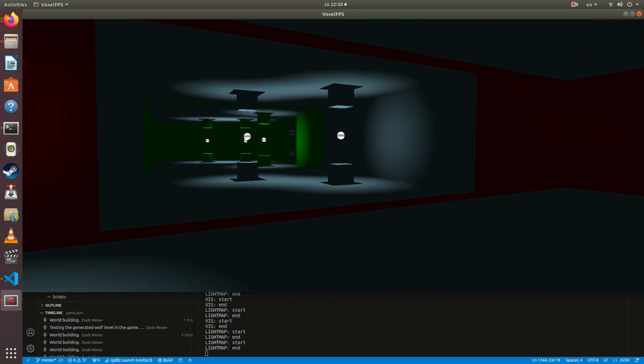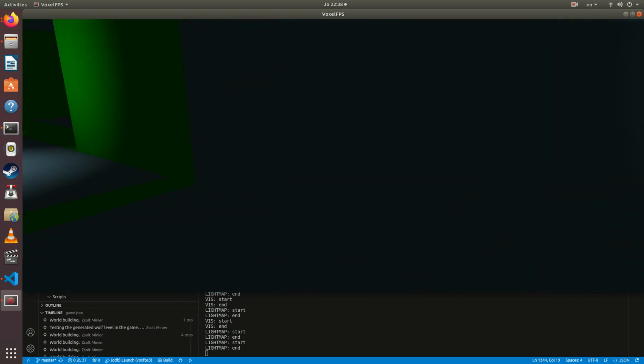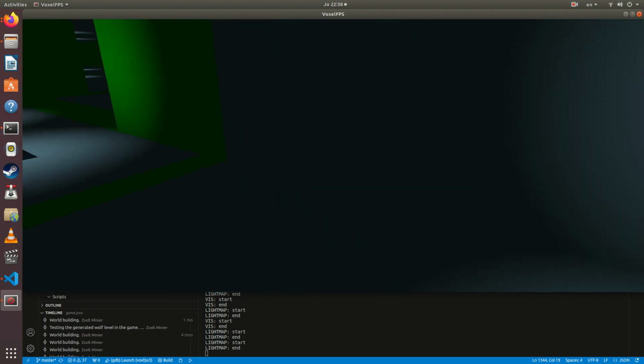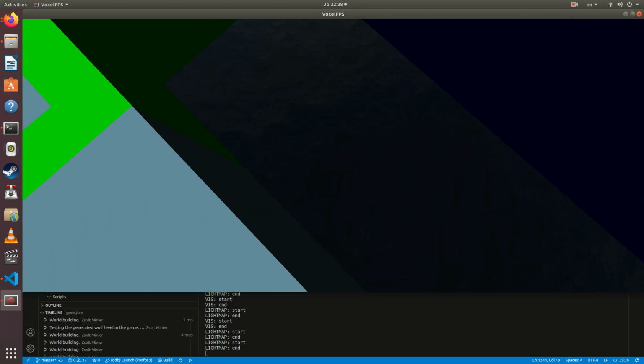Let's look outside a little bit to see the level from the upside. It is pretty big.